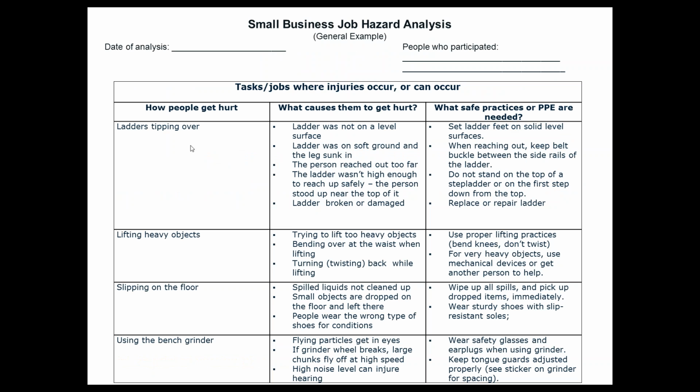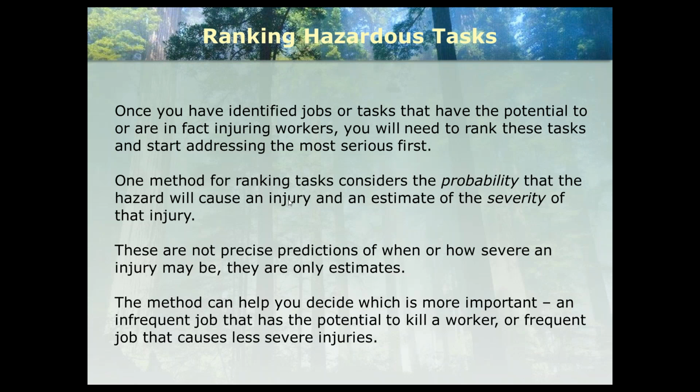So it kind of just goes through, with the ladders, breaking it down into smaller parts. We're going to get into that through a real good example here in a little bit. I just want to lay the groundwork for you, and then we'll do a JHA together.